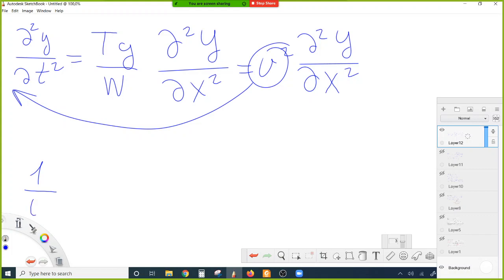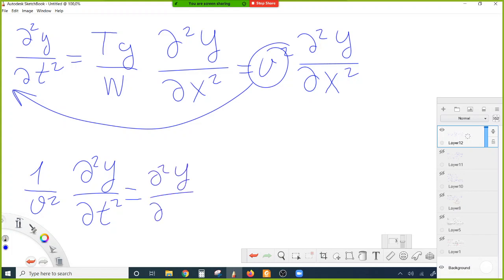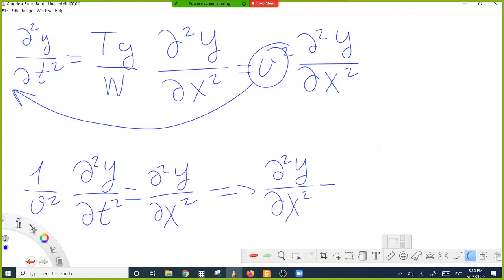We can write 1 over v squared d squared y dt squared equal to d squared y dx squared, or better we can write d squared y over dx squared minus 1 over v squared d squared y over dt squared equals 0.